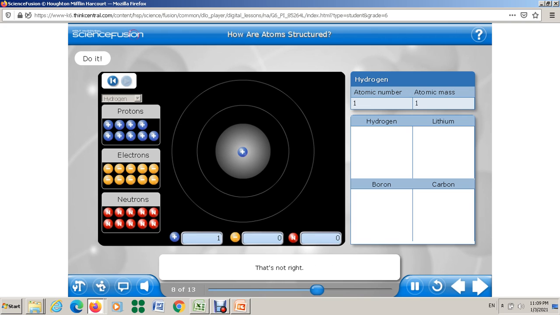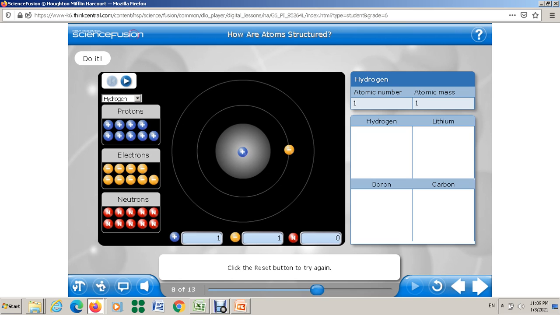That's not right. Why? The number of protons equals the number of electrons. Click the reset button to try again. The mistake here is that I didn't put electrons and neutrons. I have to continue. I have to put this one. Then I have to put 1 electron, right? And what about the atomic mass?